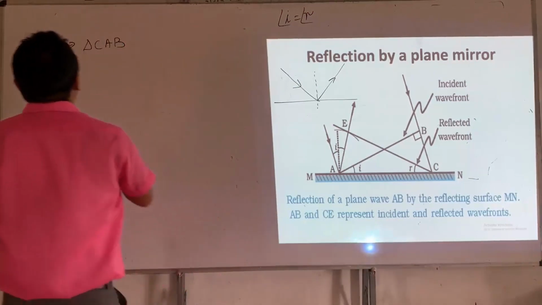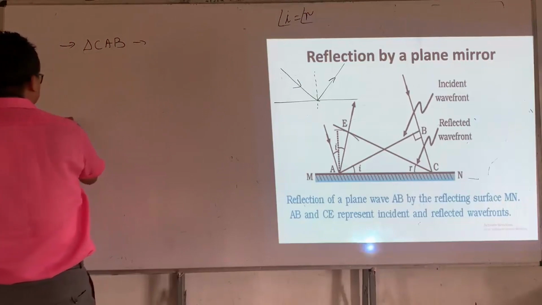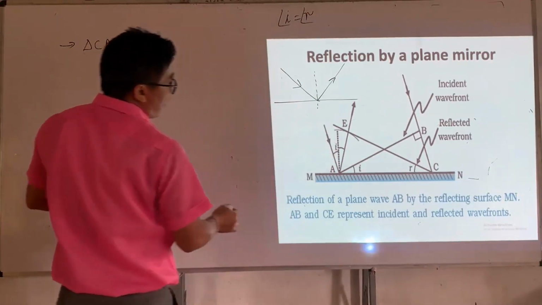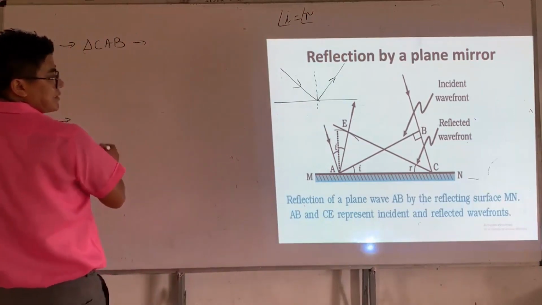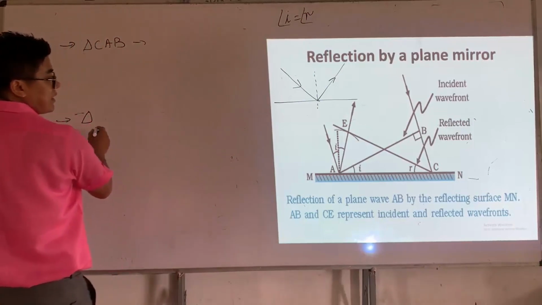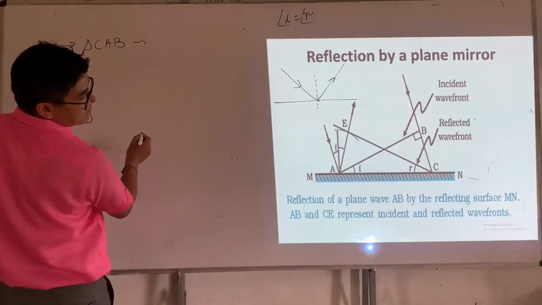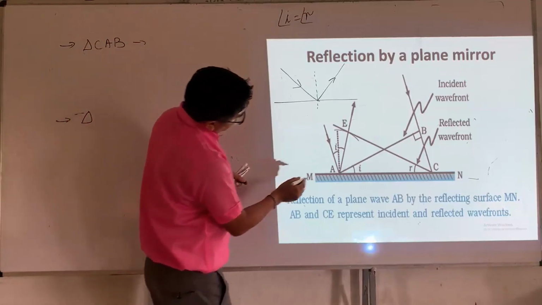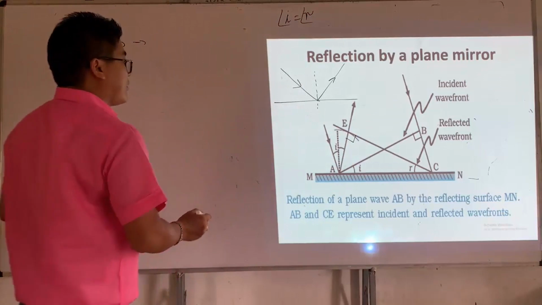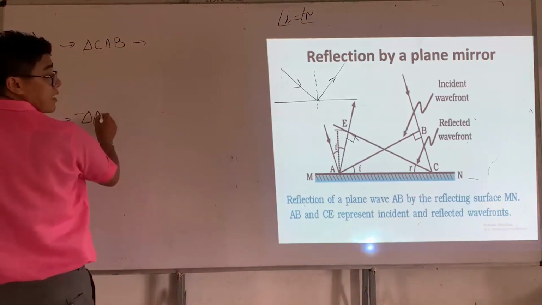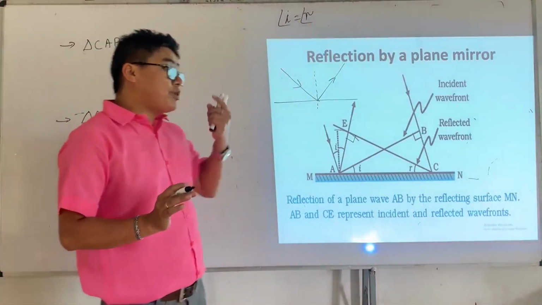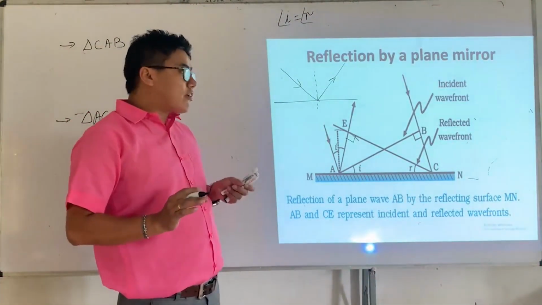And the next triangle I am going to take is triangle AEC. These are the two triangles, and what I'm going to prove is that these two are congruent triangles.